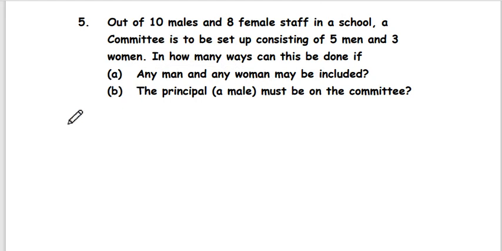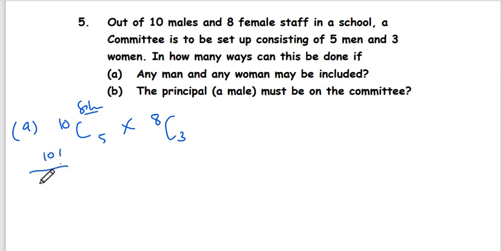So since there's no restriction, A becomes 10 combination 5, the number of men, multiplied by the total number of female staff, 8 combination 3. So that becomes 10 factorial over 10 minus 5 factorial times 5 factorial, multiplied by 8 factorial over 8 minus 3 factorial times 3 factorial.